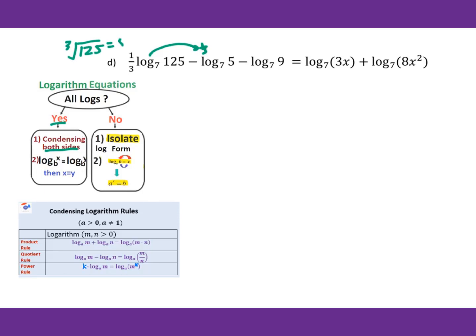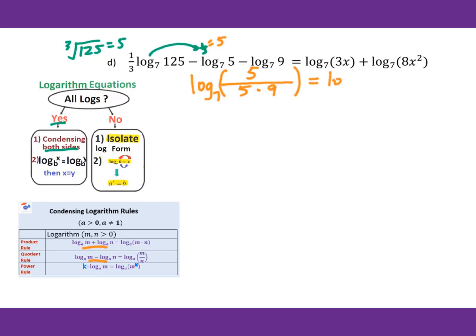We know that is 5. Then condensing the log on the left side, we got log base 7. This part is 5. When you're condensing, adding means multiplication. Subtraction means division. Therefore, we have a division line. 5 and 9 go to the denominator. On top, you got the 5.